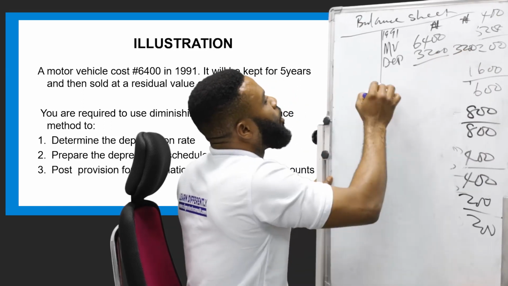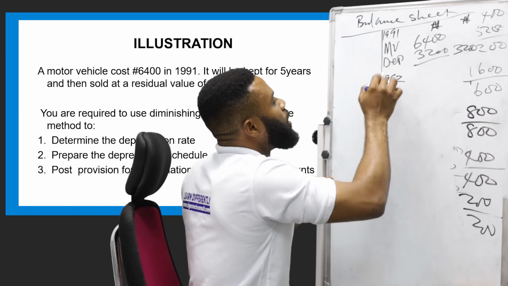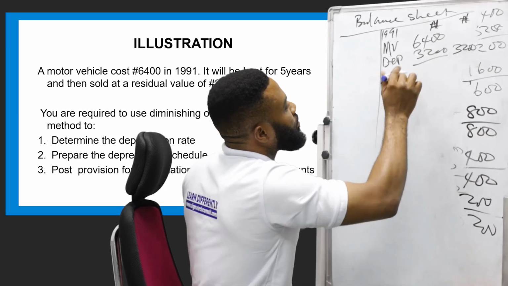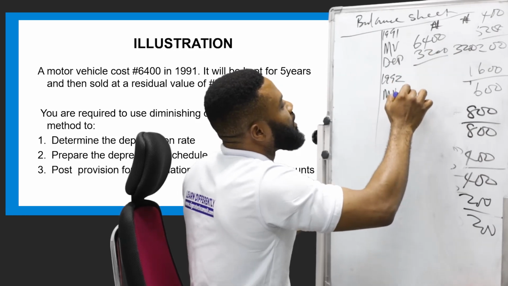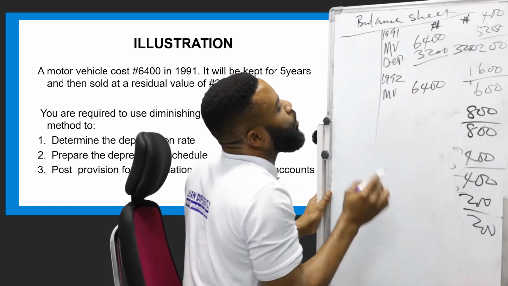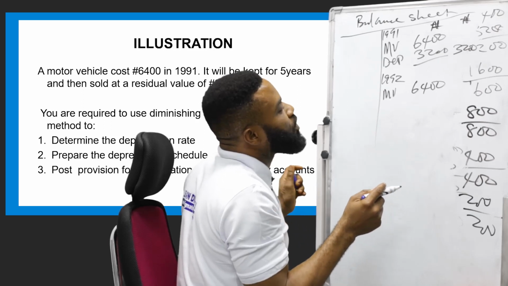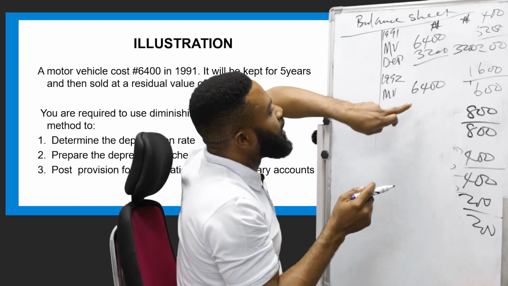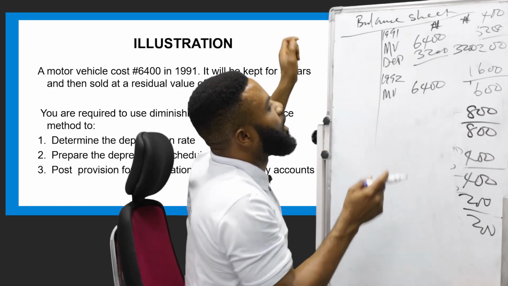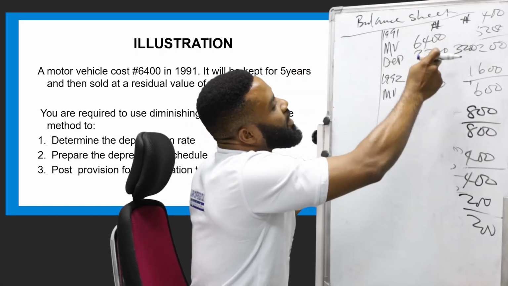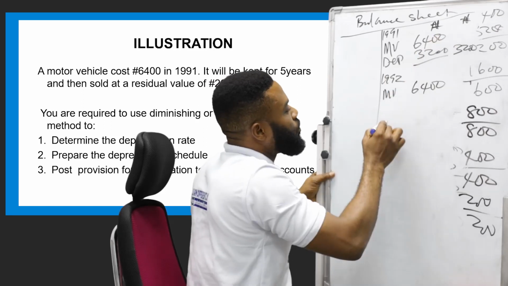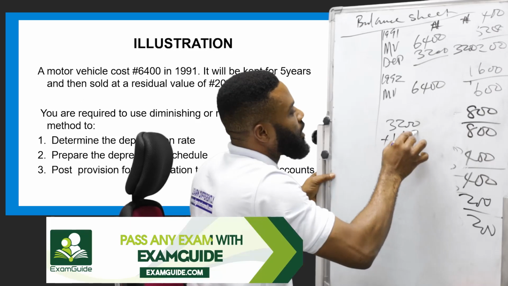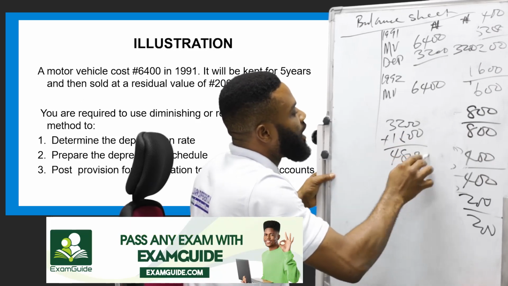And then for 1992, motor vehicle, we still have the cost. The cost is 6,400. What is the depreciation? The depreciation here is the accumulated depreciation. That's what you are going to use to subtract this. So you are going to subtract this value, this 3,200 plus the depreciation here, which is 1,600, is going to give you 4,800.